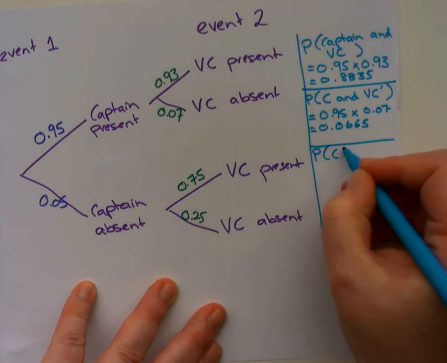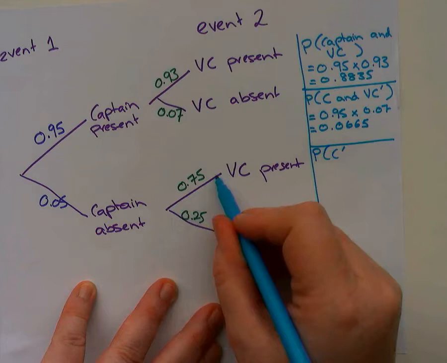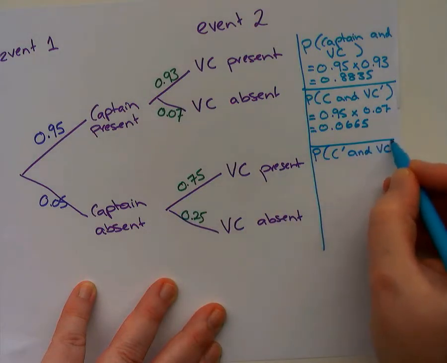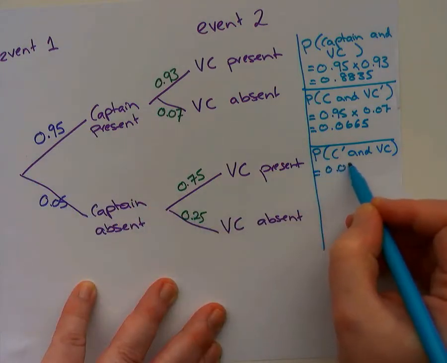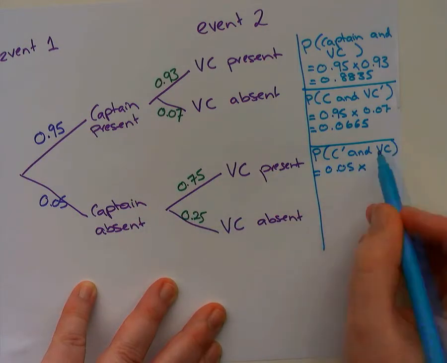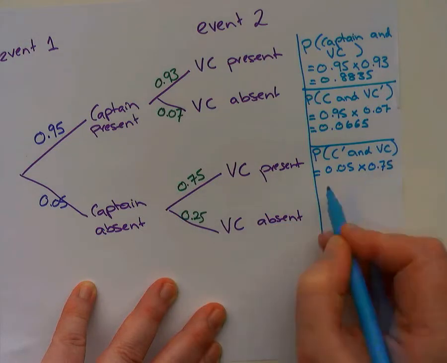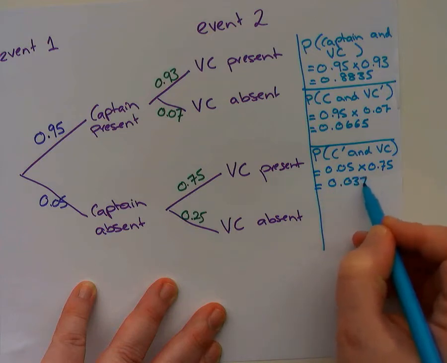So I'm going to do C dash, so the captain's not there, and the vice captain is present. So going along the branches, we've got our 0.05 and means times, and our vice captain being present, that probability is 0.75, and that gives us a probability of 0.0375.